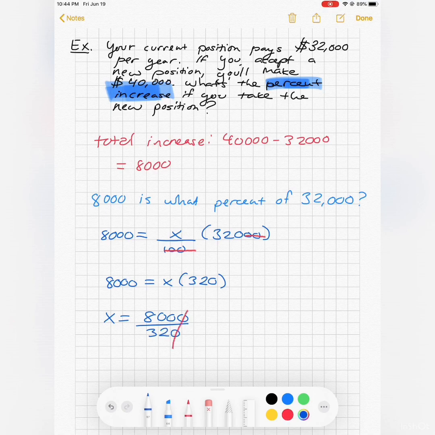So you cancel zeros. 800 over 32, I could start breaking that down. Let's see. Divide by 8. Oh, 25. So the percent increase is 25%. So that's a pretty good salary increase.